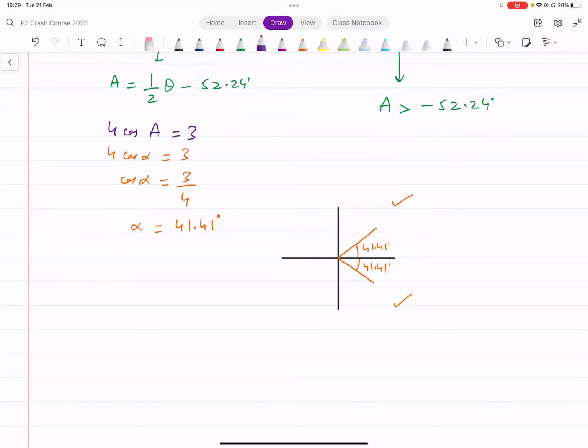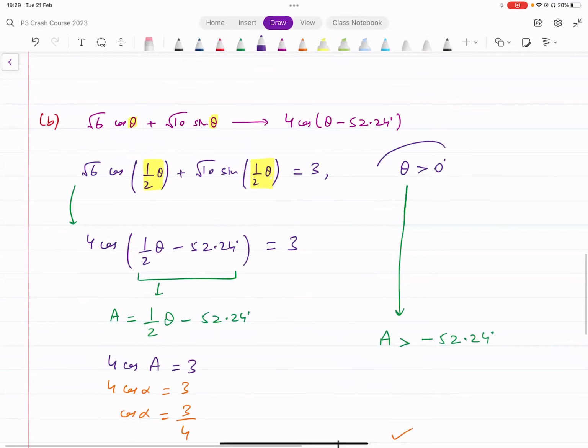Now, A is greater than negative 52.24. You could have an angle in the first quadrant that could be 41.41 degrees. But notice, what are we looking for? We are looking for the smallest angle in the interval.